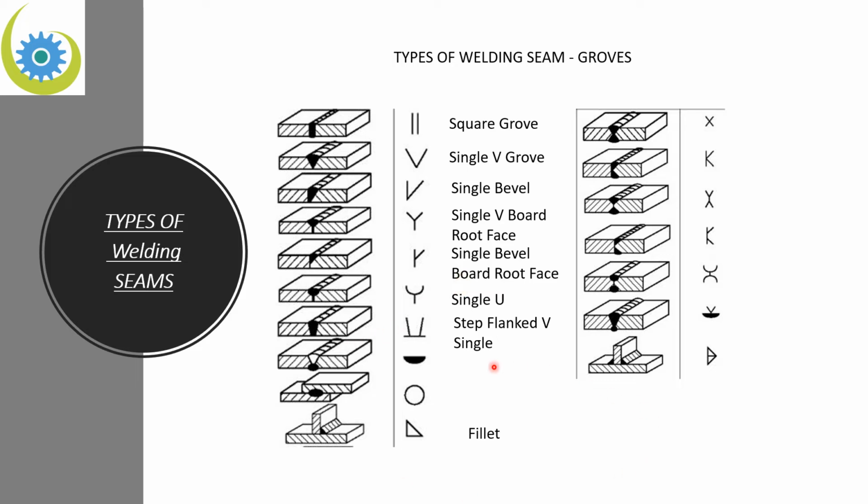As said, the fillet is the most common. You see all these symbols also in technical drawings, so that you can identify your square groove, or better said, your seam.